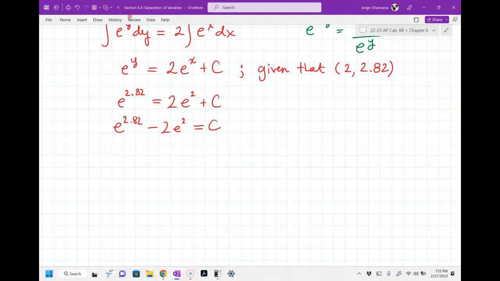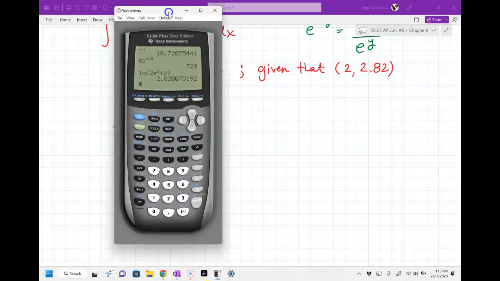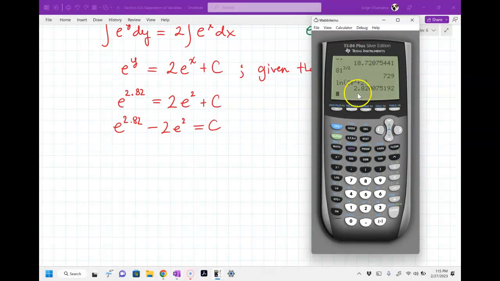So let's calculate that. Let me move this over here. So I have e to the 2.82 minus 2e squared. So 1.9987.